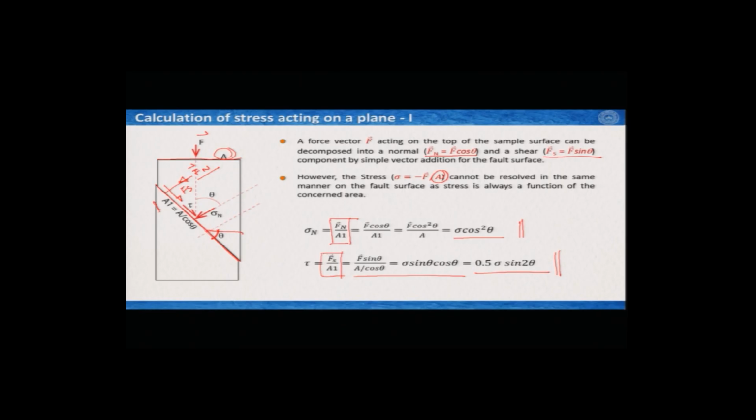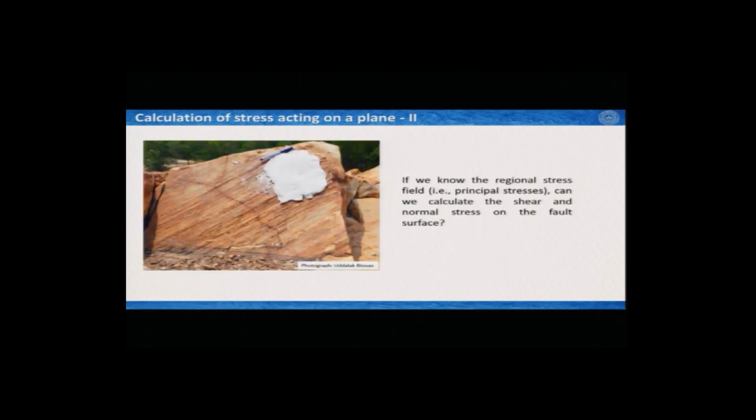The second problem we would look at is sort of calculating the shear stress and normal stress on an inclined surface. So, here I try to give you a demonstration of the problem.